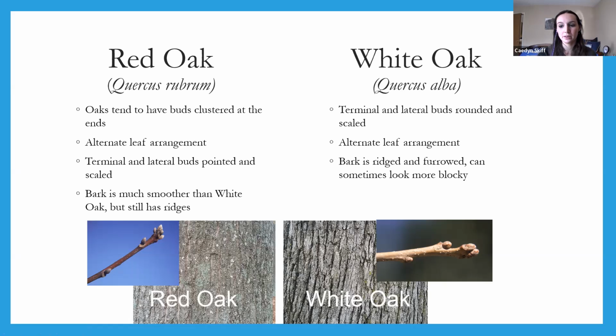Whereas with white oak, those buds are a lot more rounded. So you can see they're more of a bulb shape. And they are also scaled. Another thing with the white oak is that those ridges can sometimes form blocks, if you look closely.